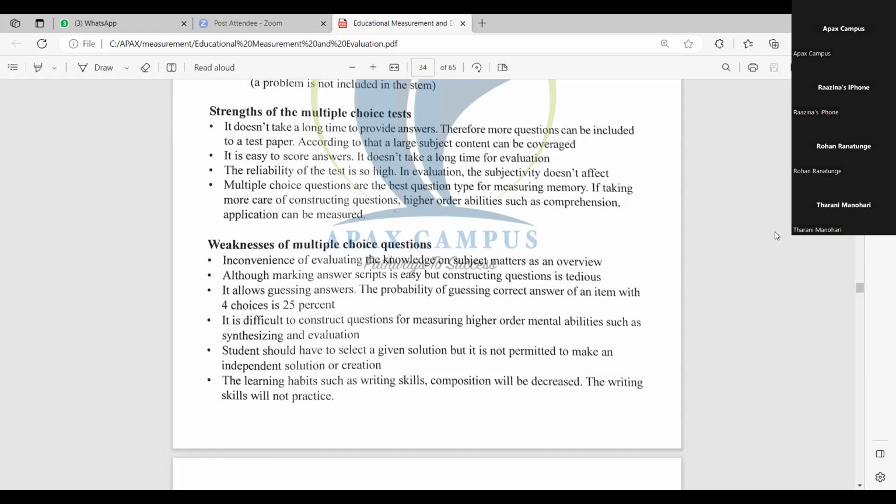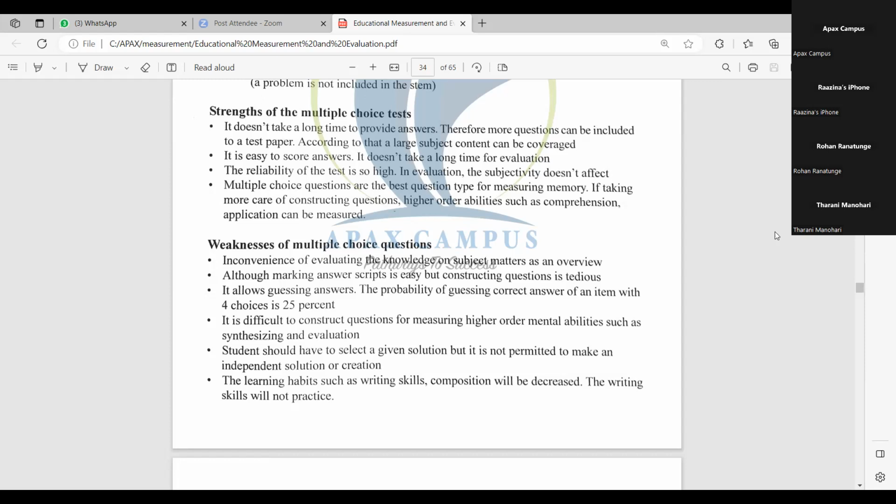Multiple choice questions are the best question type for measuring memory. If more care is taken in constructing questions, higher order abilities such as comprehension and application can be measured. Right. So I don't know whether comprehension is a higher order mental ability.